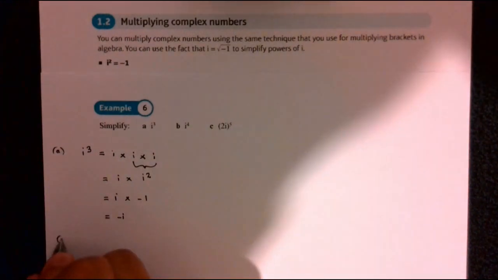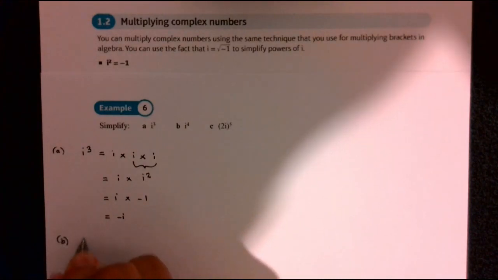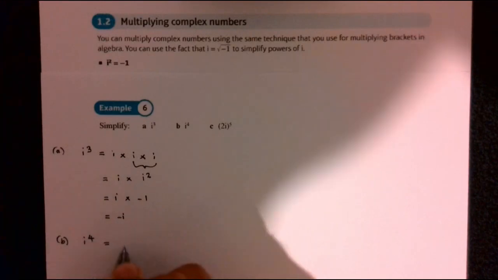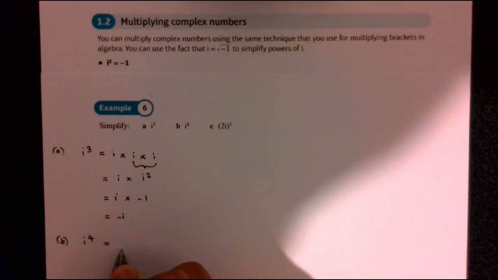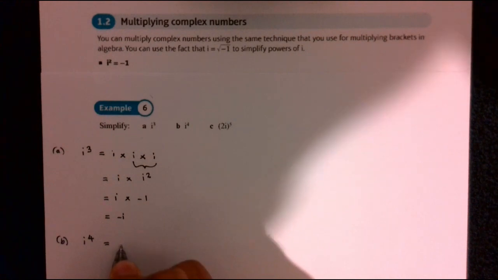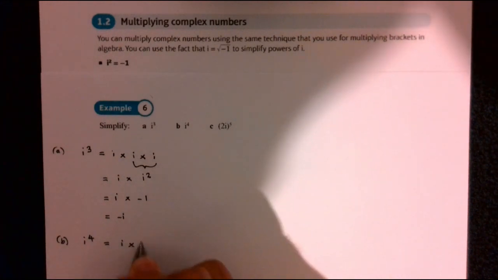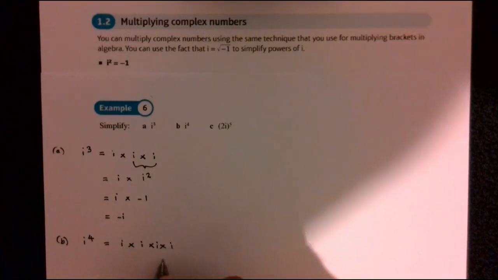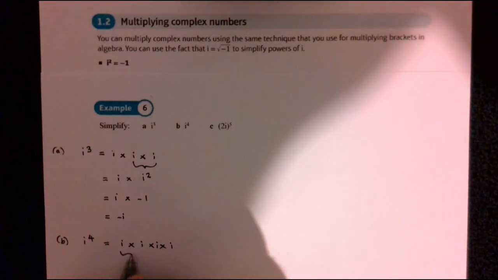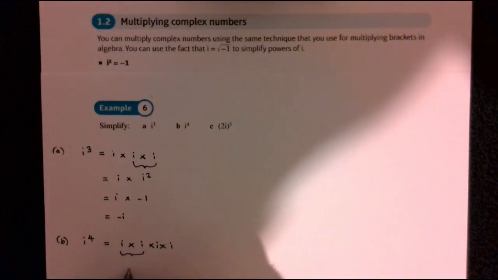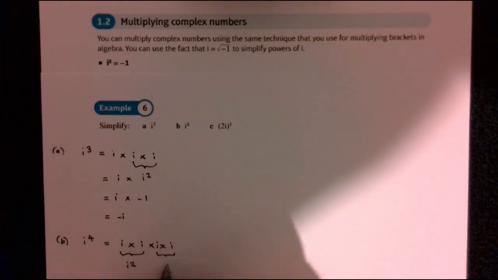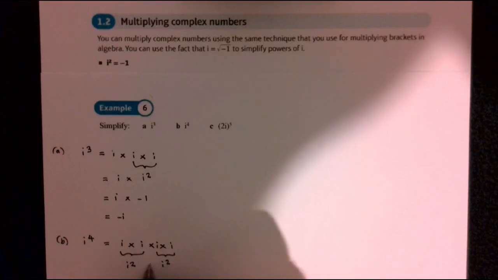For part B, we have i to the power of 4. Now, i to the power of 4, that's the same as multiplying i by itself 4 times. So we have i times i times i times i. i times i, that's i squared. i times i, that's i squared.